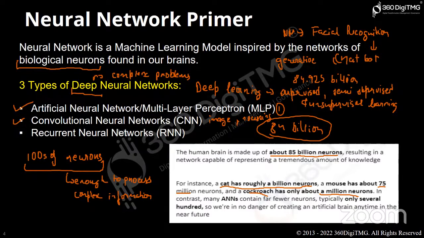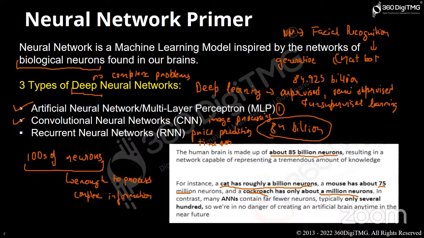Anywhere you see a person using an image recognition related problem, they are always using these convolutional neural networks. And finally, you have recurrent neural networks. These recurrent neural networks are used a lot in price prediction, or something we call time series data.